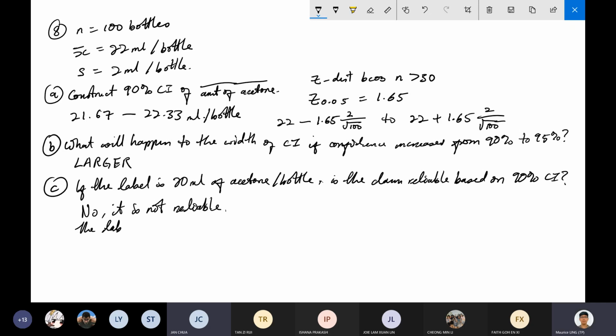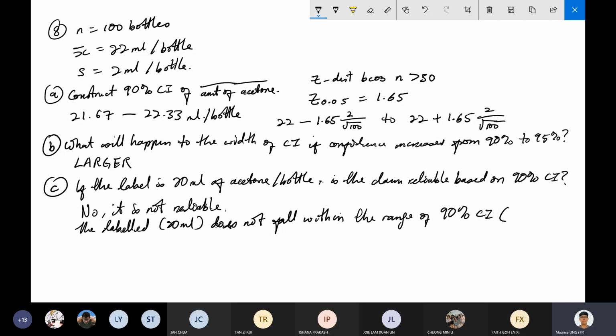The label, which is the 20 ml, does not fall within the range of your 90% CI, which is 21.67 to 22.33 ml. Correct. So that's the reason.